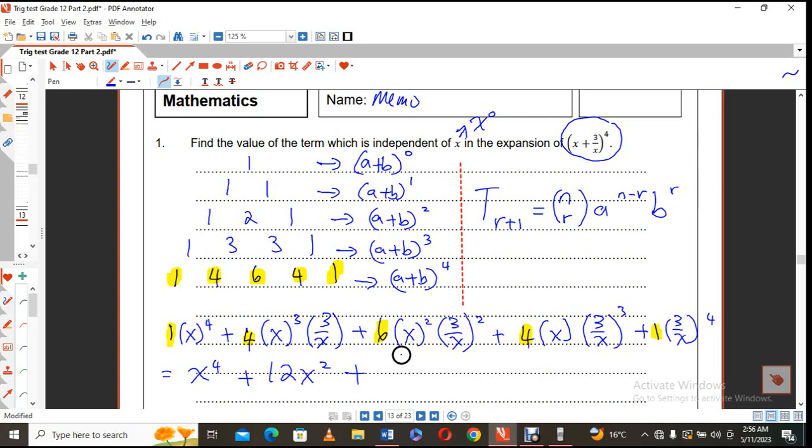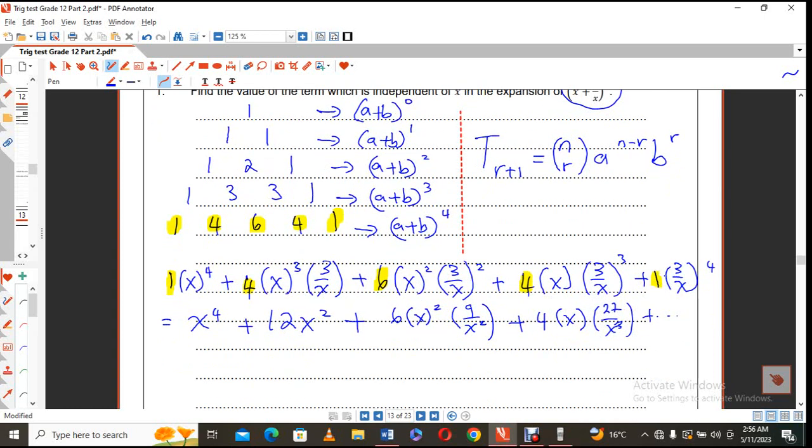So if you were to multiply it out, maybe I should just write it down. It's 6x squared times 9 over x squared plus 4x times 27 over x cubed. But I'm not going to go so far because I'm going to get directly to the answer.